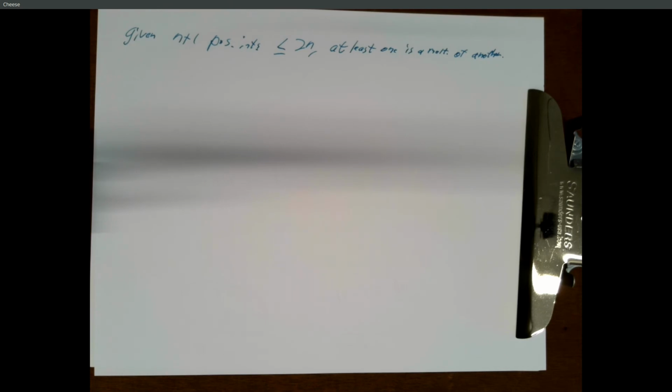So pick some number n, pick n plus 1 positive integers less than or equal to twice n. You're guaranteed at least one of those numbers you picked is a multiple of another one you picked.